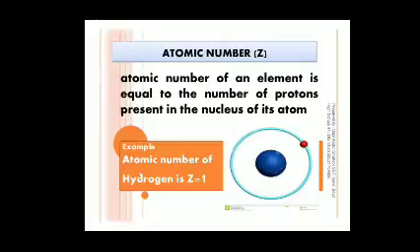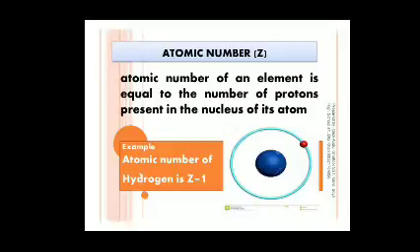Now, atomic number. What is atomic number? The number of protons, which equals the number of electrons present in the atom, is called the atomic number.